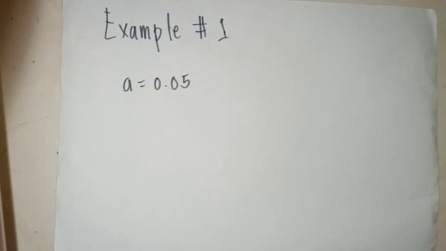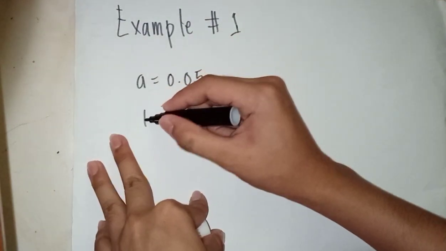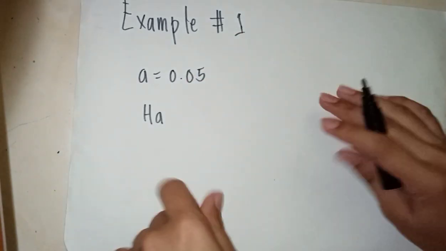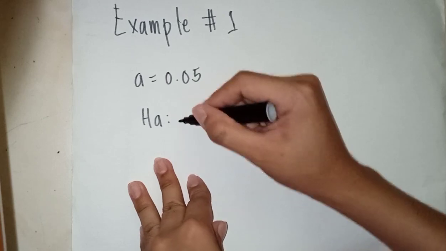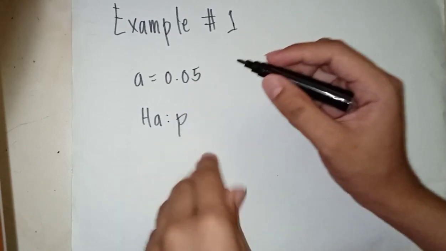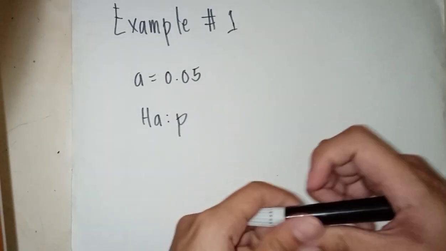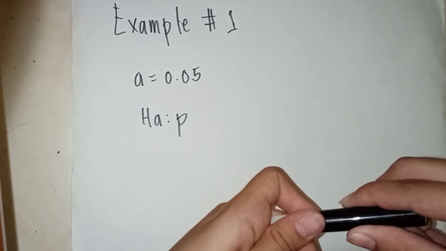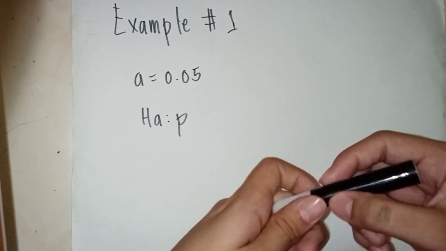Second, you need to formulate the alternative hypothesis. In the given, it says to test the hypothesis that less than 20%.